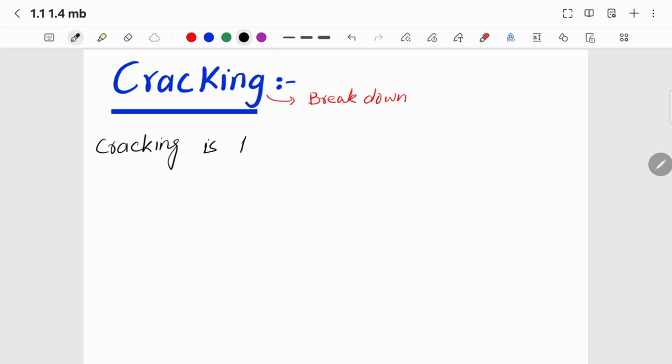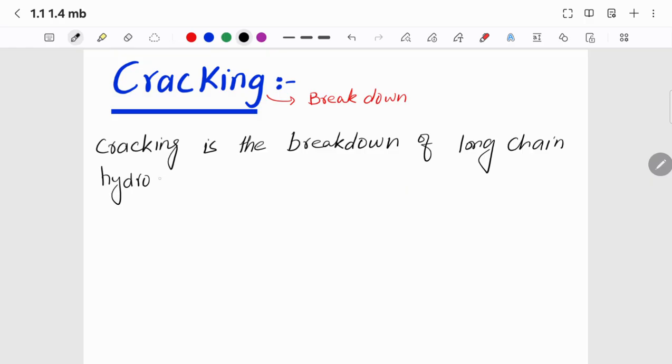Cracking is the breakdown of long chain hydrocarbons into smaller molecules. This is the definition of cracking.